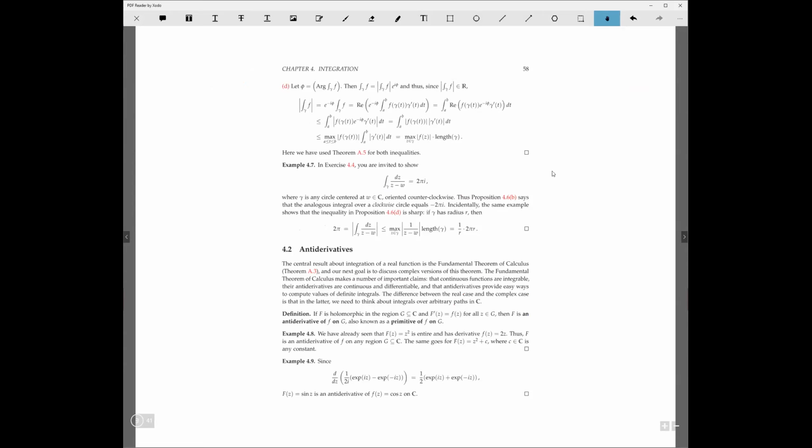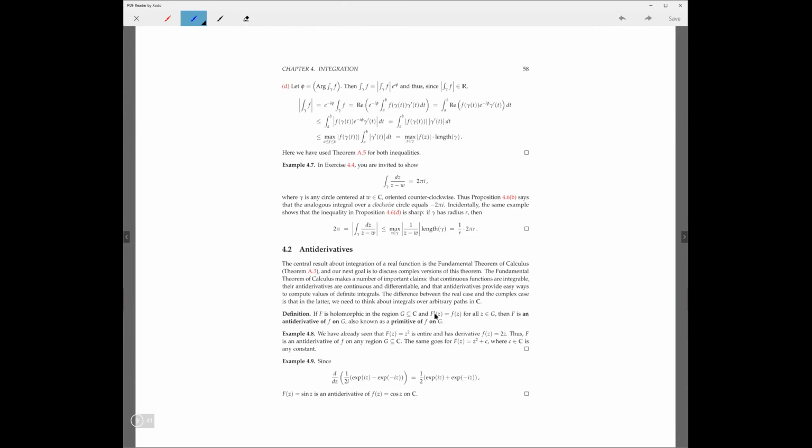We'll see. Okay, and then page 58, we get into antiderivatives. And so just like with regular calculus, antiderivatives are important for complex variables, but it's a more interesting connection, okay? So it talks about primitives. If F is an antiderivative, also known as the primitive of f, okay?